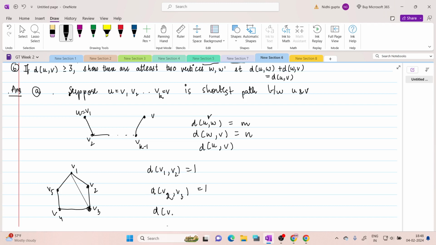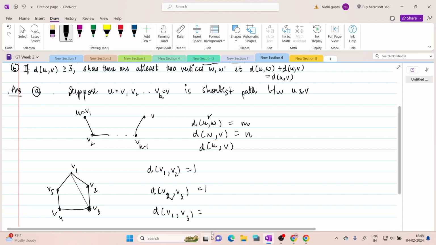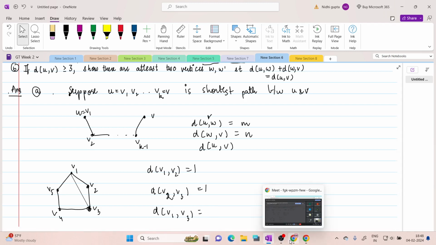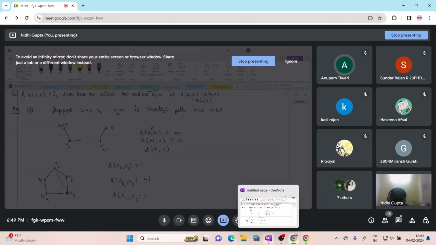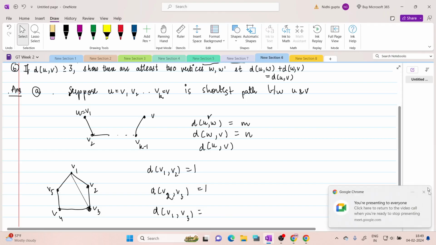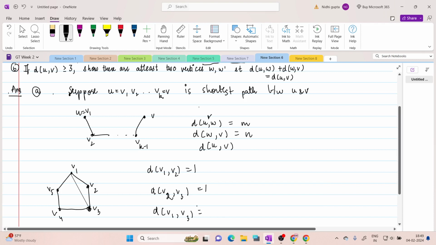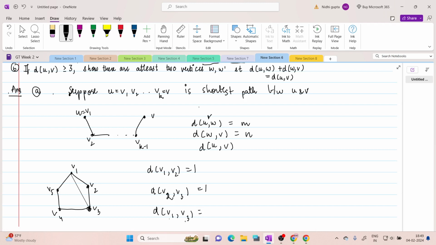But what is d(V1,V3)? By definition it is the shortest path between V1 and V3, which is one. So I'm saying this equality need not hold always.